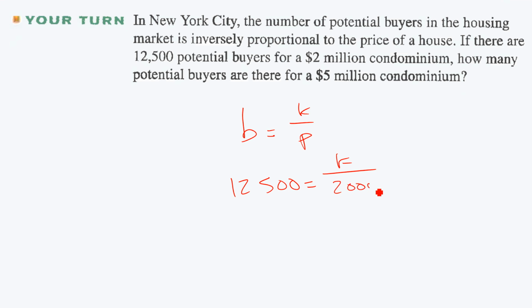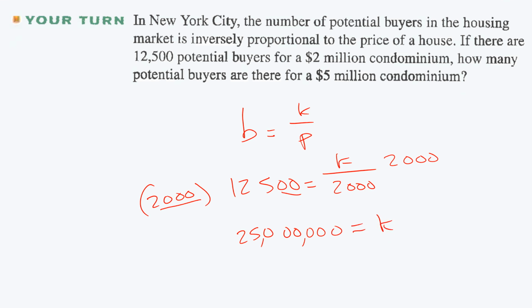So say 2,000 thousands is $2 million. And so if we multiply these together, 2,000 on both sides. So 2 times 125 is 250. We have 1, 2, 3, 4, 5 zeros. So that's 25 million is your K.